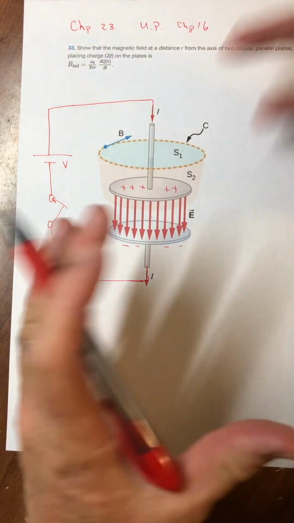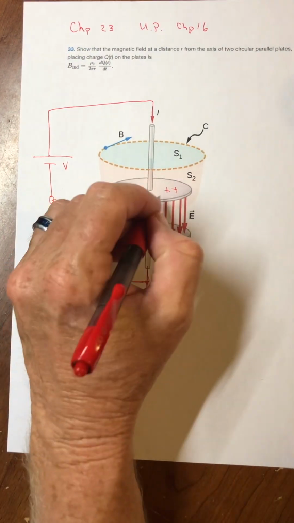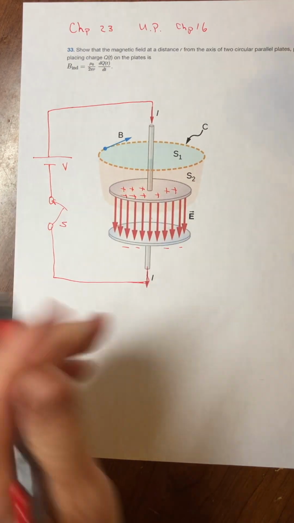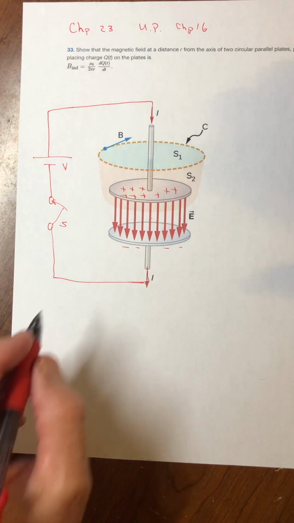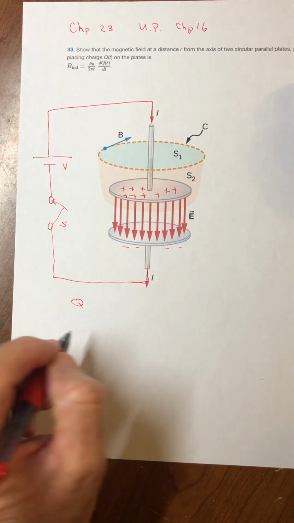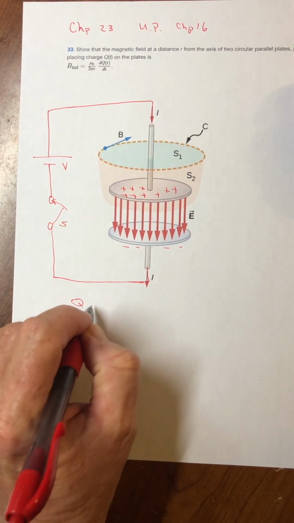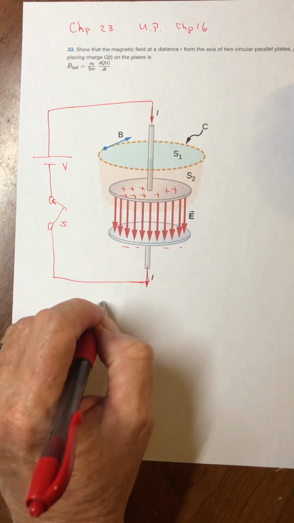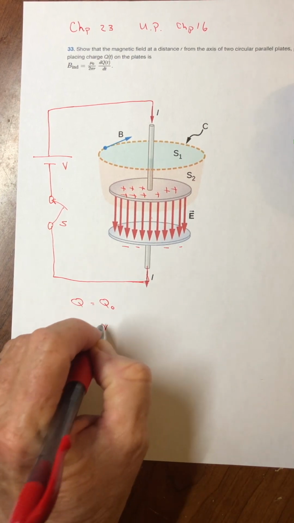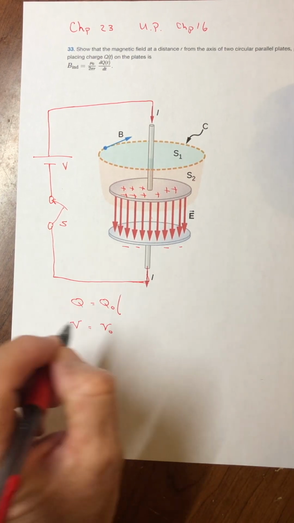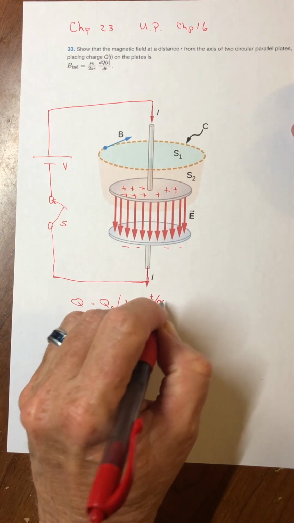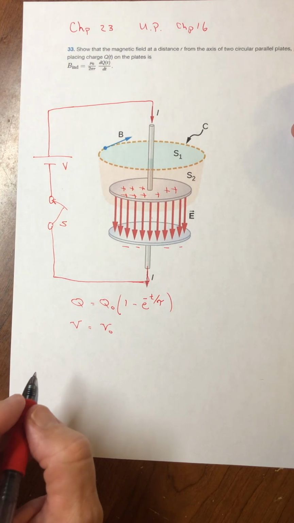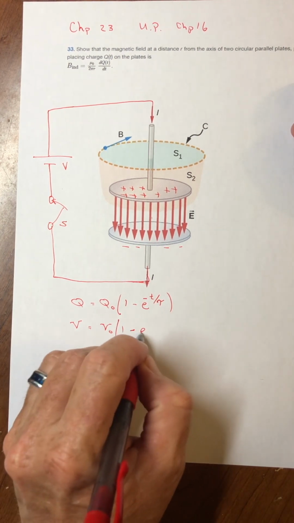And as we learned with capacitors earlier on, this would begin to charge up. And in fact, we had an equation for the charge on the capacitor, and for that matter also the voltage, is some maximum value times 1 minus e to the minus t over tau, the RC time constant.